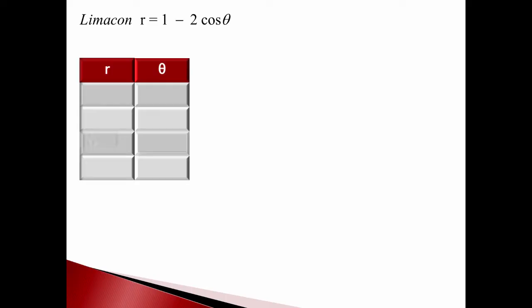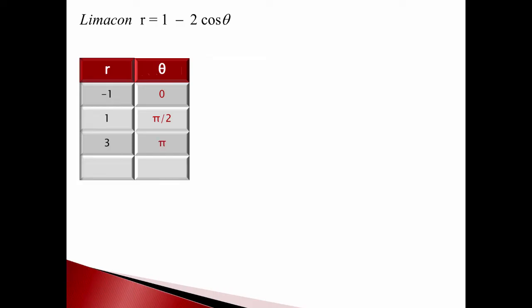So let's see what these look like. If I try plugging in 0 for theta, cosine of 0 will be 1. So I end up with 1 minus 2 times 1. That whole thing turns out to be negative 1. At theta equal to pi over 2, cosine of pi over 2 is 0. So I have 1 minus 0 for r.